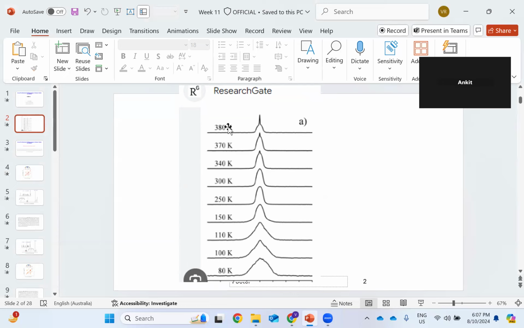From 380 Kelvin to 370, there is not a significant difference. But from 380 to 80 Kelvin, these two signals are completely different. One is a singlet, and the other at 80 Kelvin looks like a multiplet. Here we observe a broad peak, but it is due to the merging of multiple peaks.